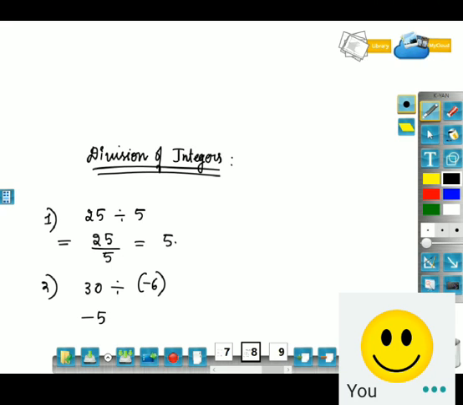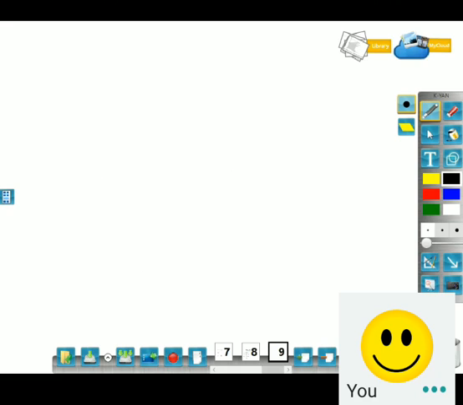Let's take some more examples. Minus 121 divided by 11. It will be minus 11. Okay, all of you are giving the correct answer. Very good.